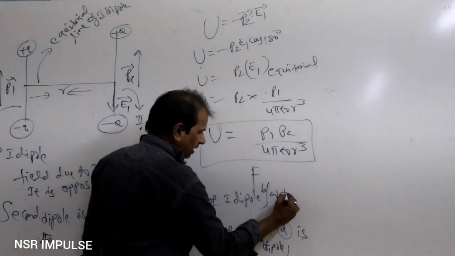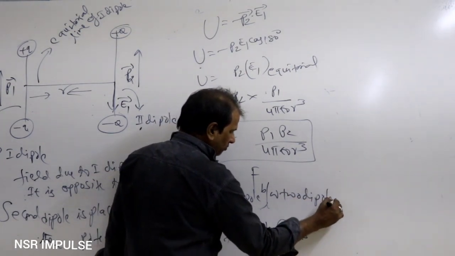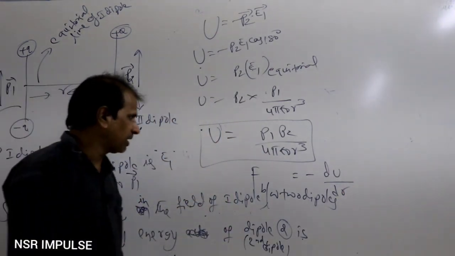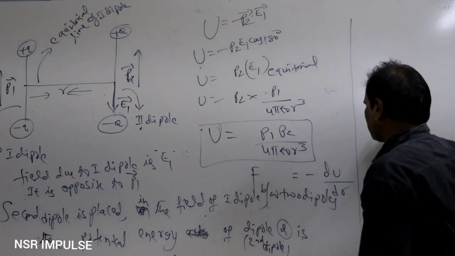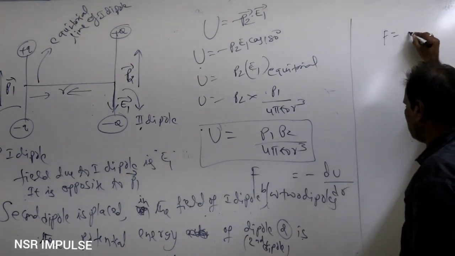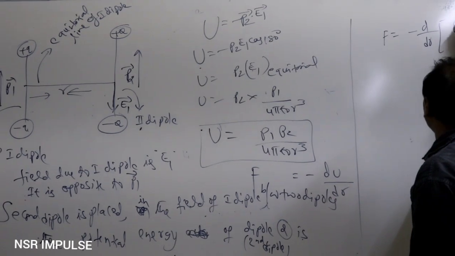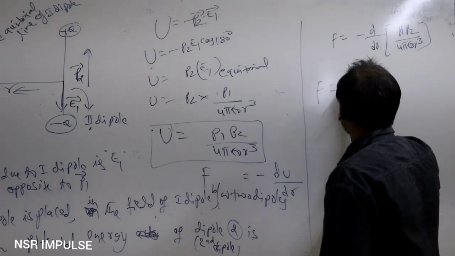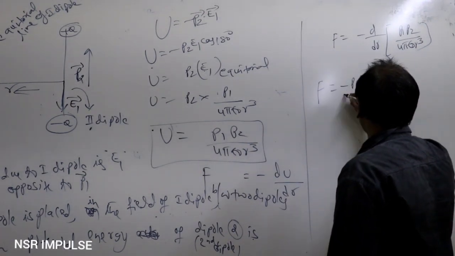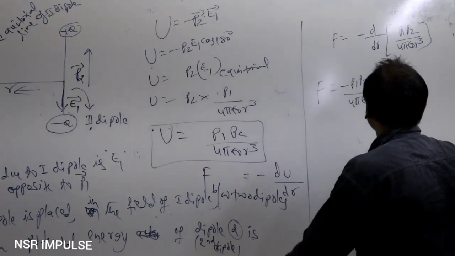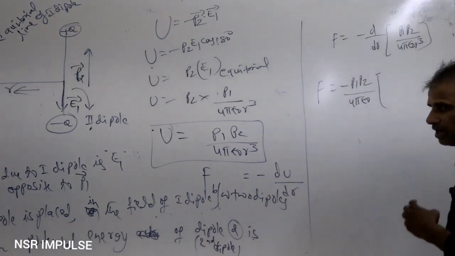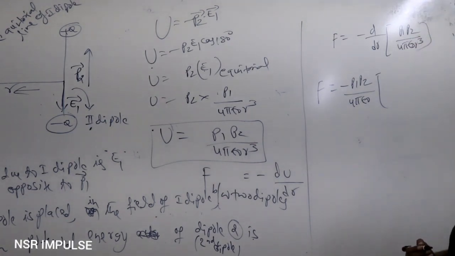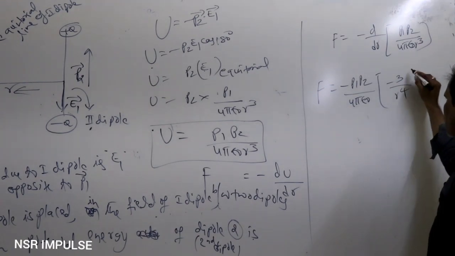Force between two dipoles is minus dU by dr, from first year mechanics. So, according to that, the force between two dipoles is minus d by dr of P1 P2 by 4 pi epsilon naught r cube. Force is equal to minus P1 P2 by 4 pi epsilon naught of minus 3 by r power 4, since 1 by r cube is r power minus 3.